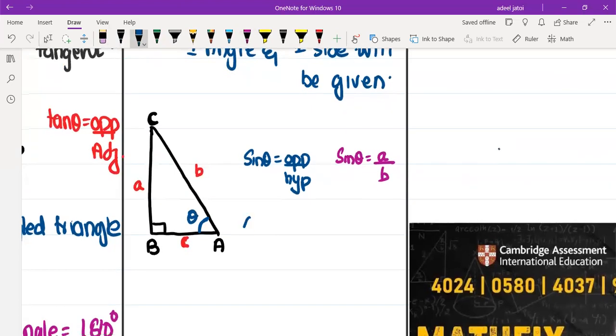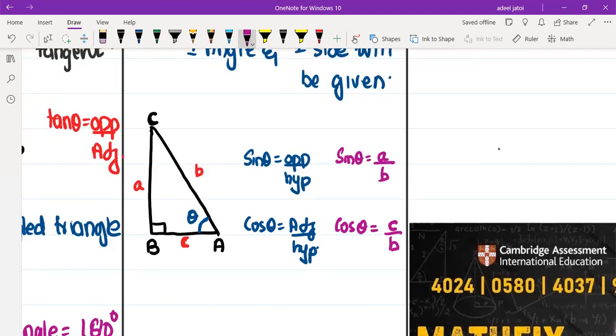Similarly, cos theta is adjacent upon hypotenuse. So cos theta here will be c upon b, because the side opposite to the angle is opposite. So the remaining side becomes the adjacent, which is AB.